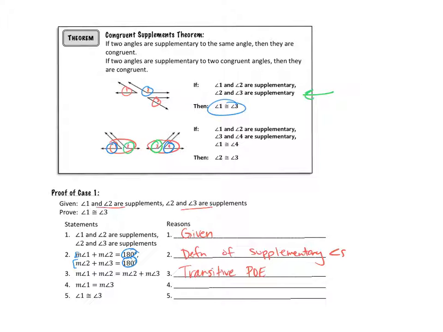So that gives us statement 3. And then I have a measure of angle 2 on both sides, which is not in statement 4, meaning I had to subtract it from both sides, which you'll remember from 2.4 is the subtraction property of equality. And then to go from an equality statement to a congruency statement, that is because I can use my definition of congruent, not segments like in 2.5, but angles.